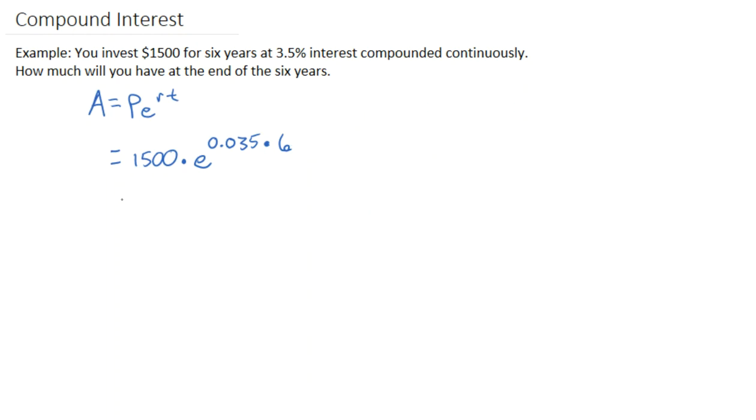So what I like to do is first figure out what my exponent is. So I punch that into my calculator, and it tells me that it's 0.21. And then after that, what you want to do is, like I said, this e here is like pi, and just like you have a pi button on your calculator, you'll have an e button on your calculator.